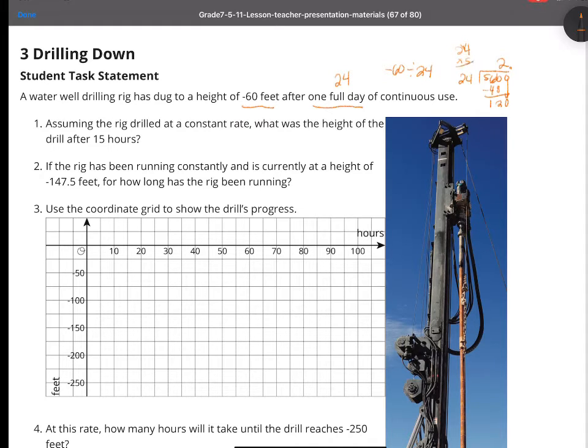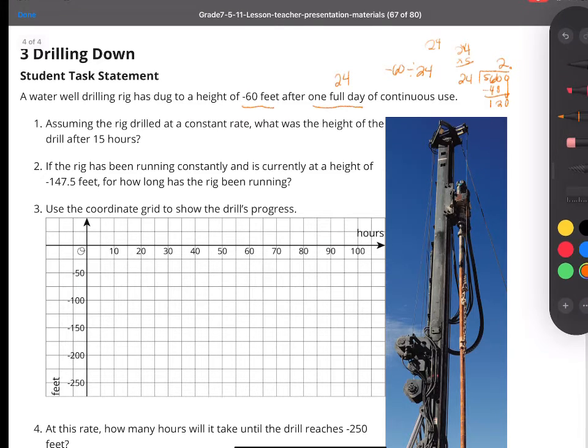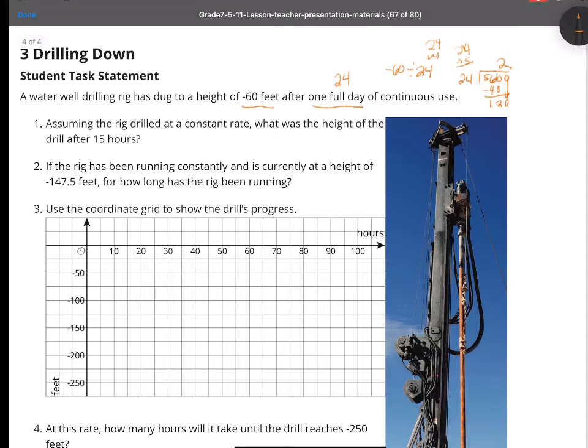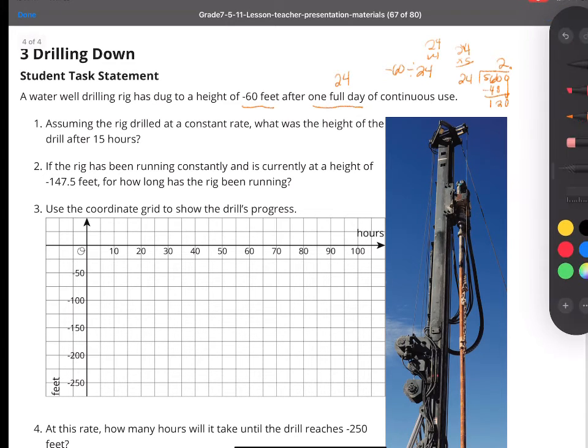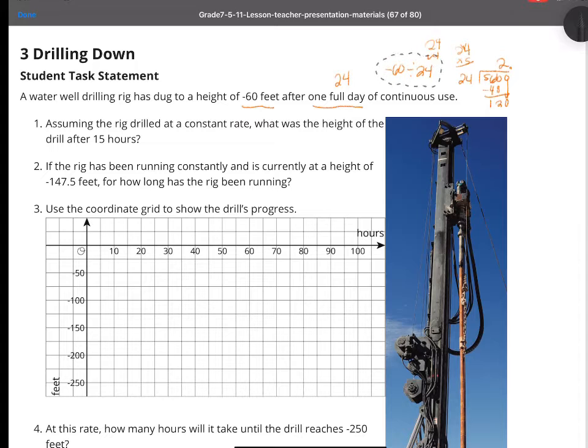I want to start off with 5. You can start off with 4 as well, but I never aim for 1 or 2 because we already know what 24 times 1, 24 times 2, and 24 times 3 are. So let's do 4. And let me move this out of the way so you guys can see my math work a bit better, because neat work makes the best work.